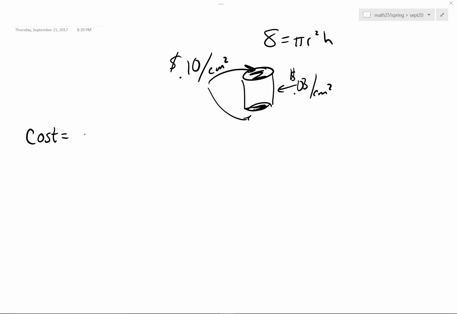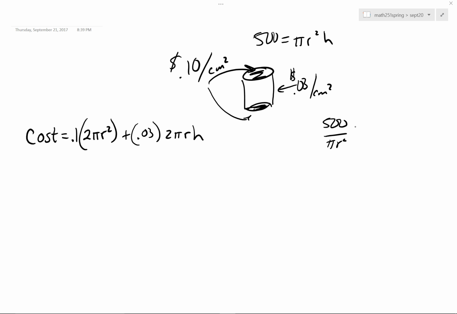And cost is going to be, well, there's 2 pi r squareds. And they each cost 0.1, plus 0.03 times the side amounts, which is 2 pi r h. And again, we know that from the last problem it was 8 over pi r squared. Was it 8? No, it was 500, wasn't it? Sorry about that. 500 over pi r squared is equal to h. So the cost, you see, is a function of r alone.